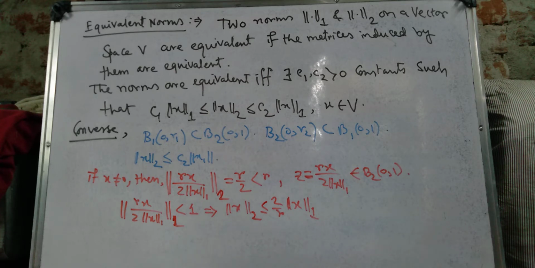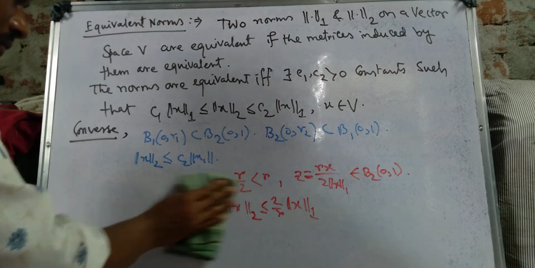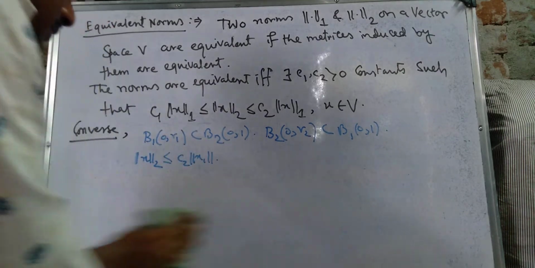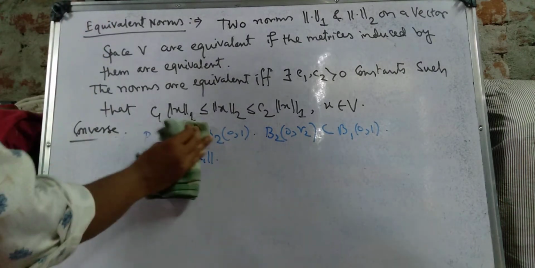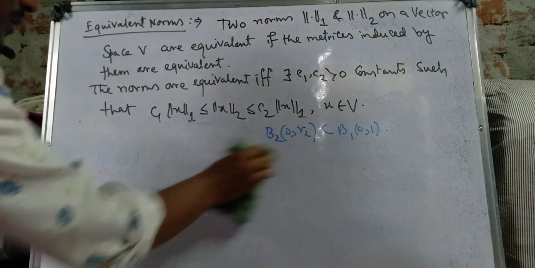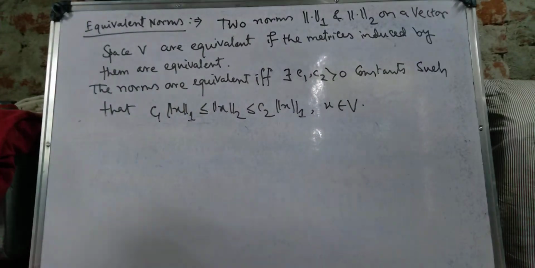Then we construct in a similar way, and obviously we get the result C1 norm x1 is less than or equal to norm x2, which is less than or equal to C2 norm x1. Then the two norms are equivalent.